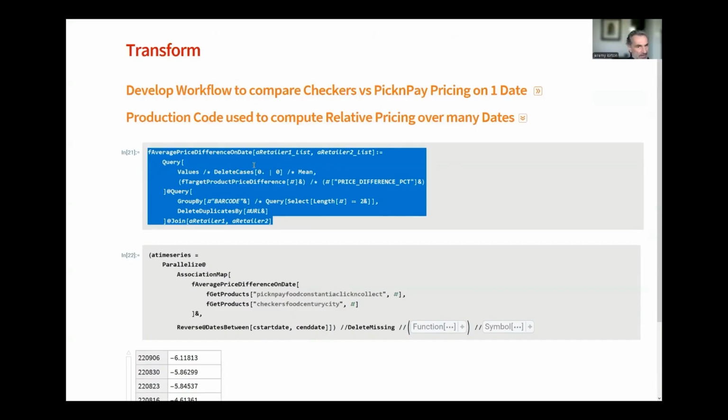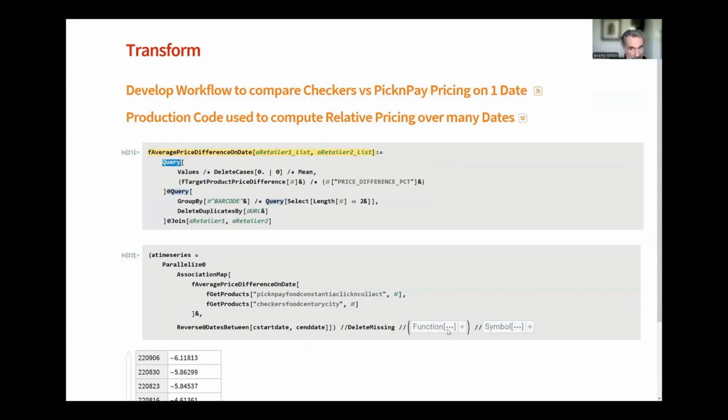A detailed explanation of this production code here is beyond the scope of this presentation. However, it is worth highlighting the query function and how powerful it is for working with hierarchical lists and associations of data. So Mathematica allows one to cover an immense amount of ground with a brevity of code which translates directly into developer productivity.